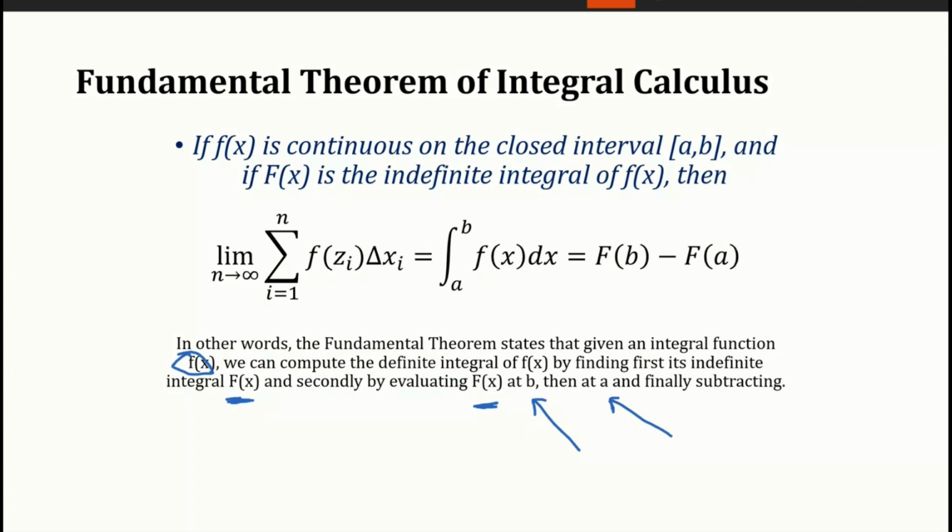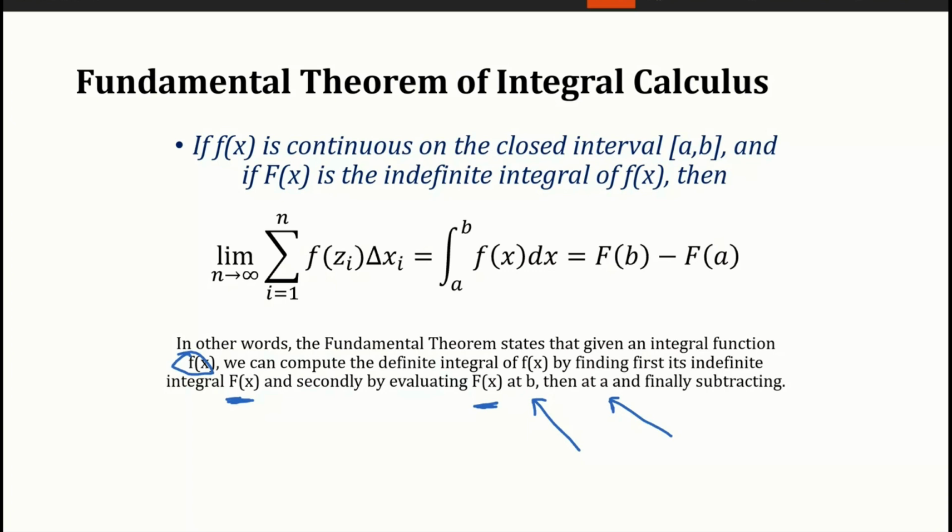The first one is we have to find the indefinite integral of the given function, just like what we are doing when we solve for the indefinite integral of different functions, just like what we had studied before. Then that's the first one.